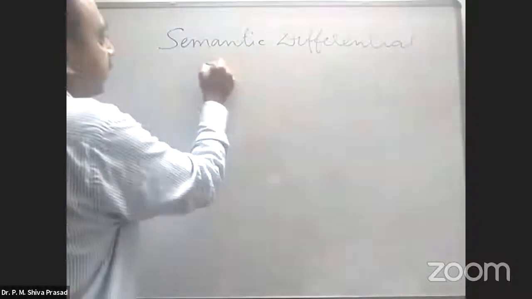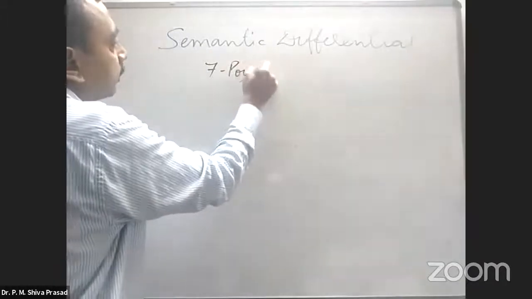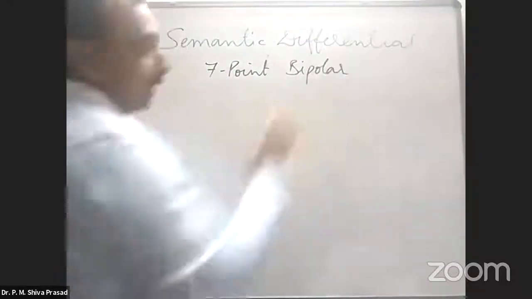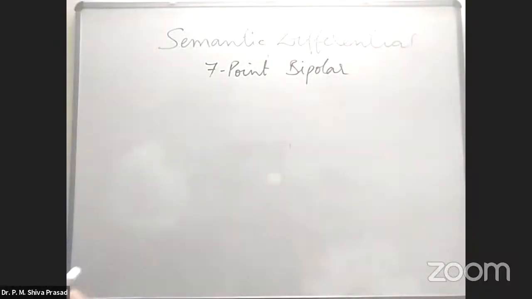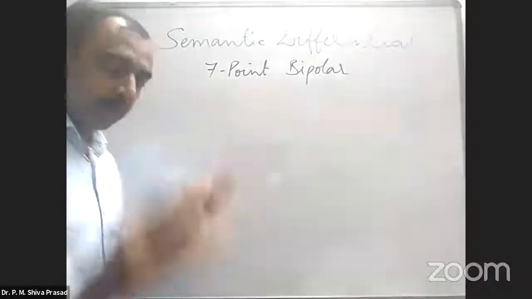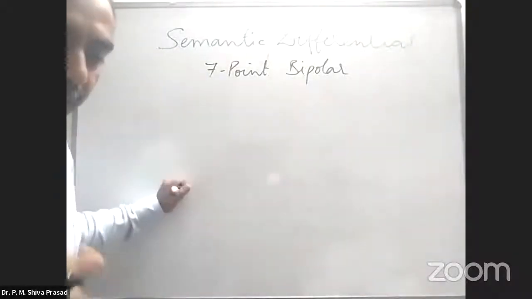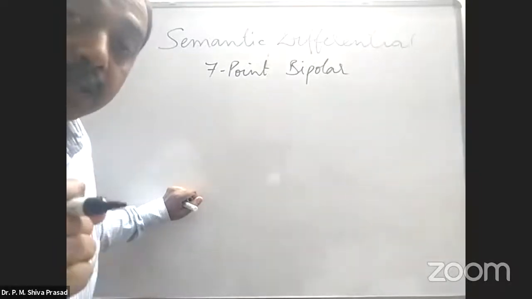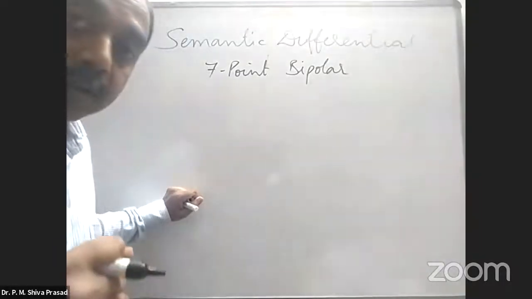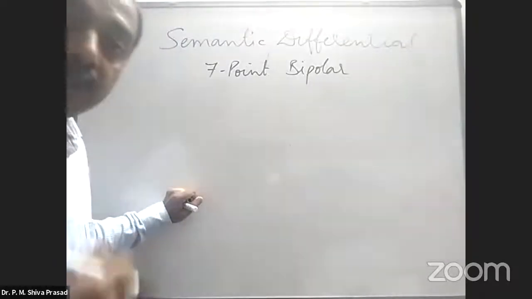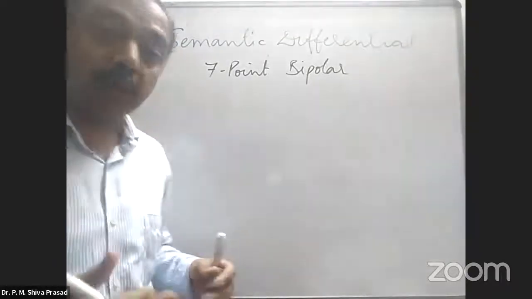This is a 7-point bipolar scale. 7-point bipolar scale. In this, I'll write the scale so that you will understand. Say, for example, you are speaking of the speed capability of a car with respect to speed. This is a new car which you are testing in the market.